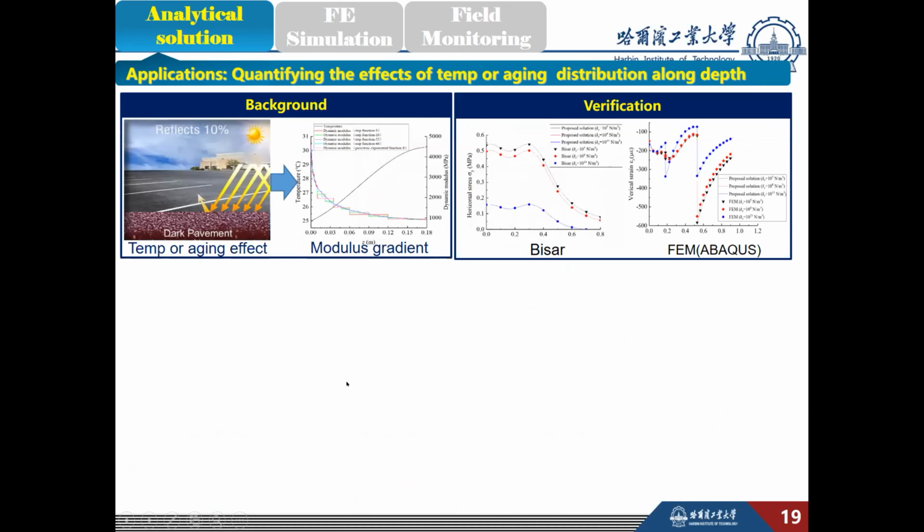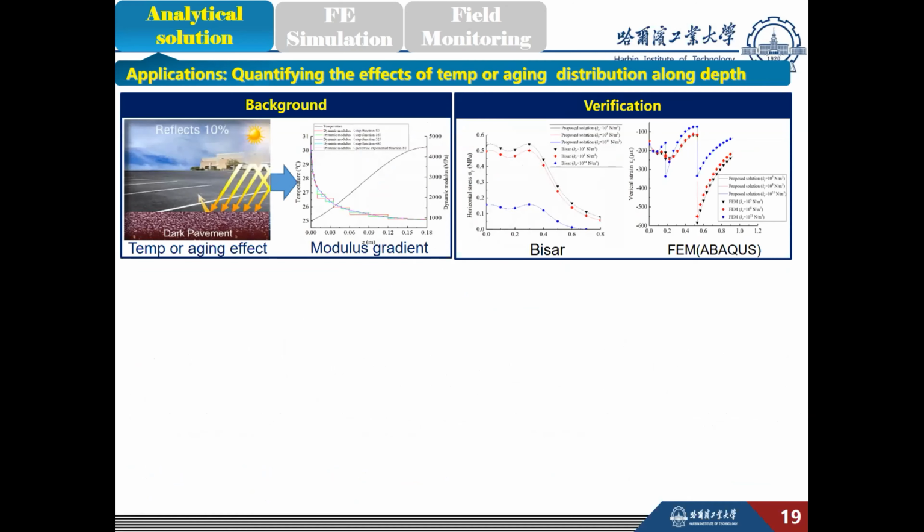The third typical application is quantifying temperature or aging effect along pavement depths. Generally, the temperature or aging results in a modulus gradient along the pavement structure.